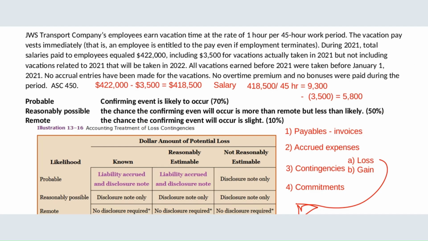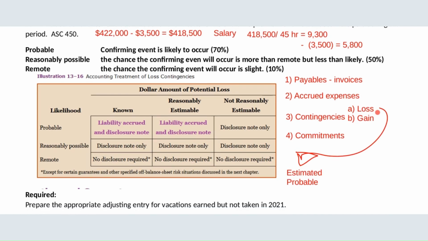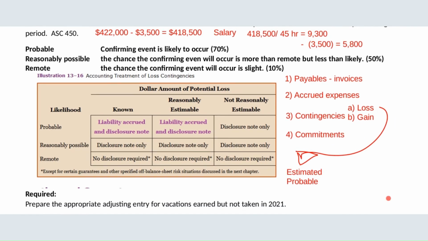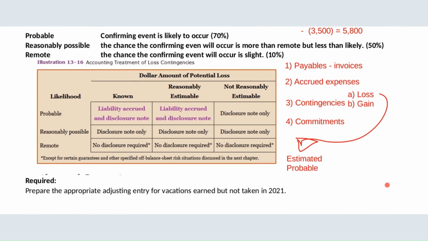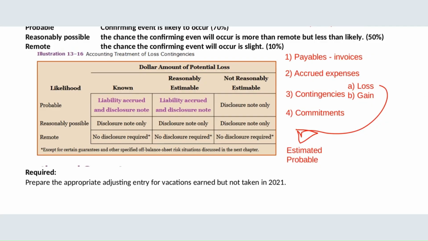In this case, we are going to use a debit to salaries expense and a credit to liability. Note that we're not saying payable, we're saying liability, okay?